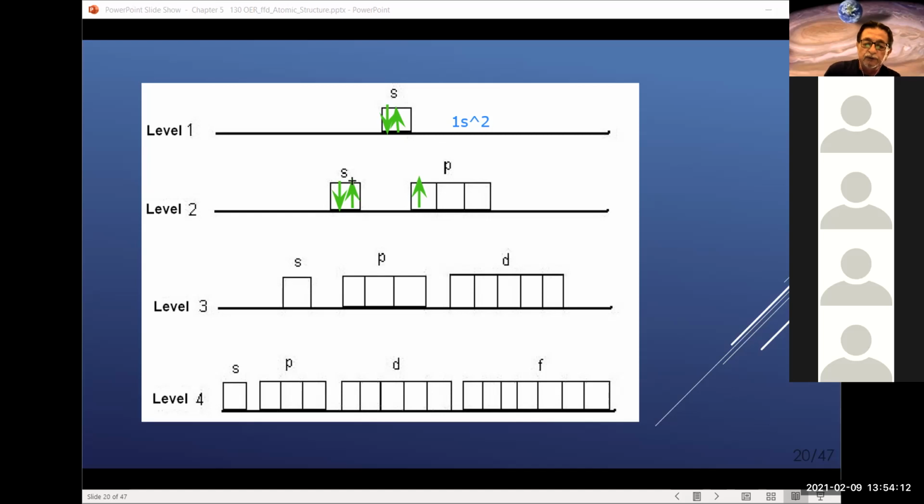That one is full, so let me write this in here: this would be 2s superscript 2, because that first one's full. And then here I will start the P, so I will write 2p superscript 1. That 2 in front of the letter represents the energy level, which is the period.